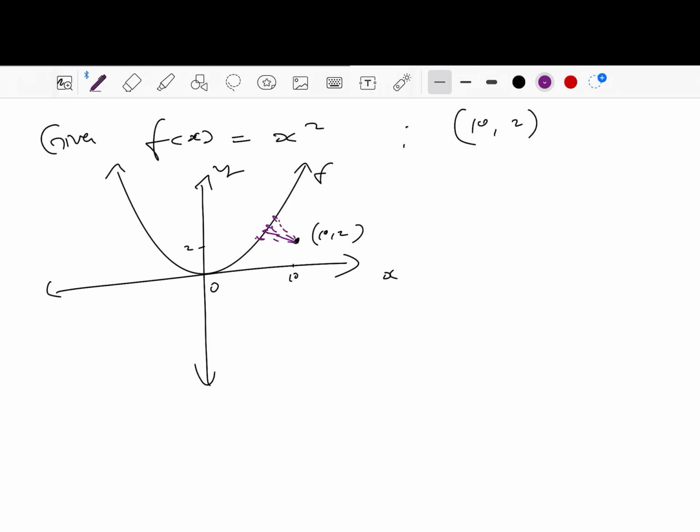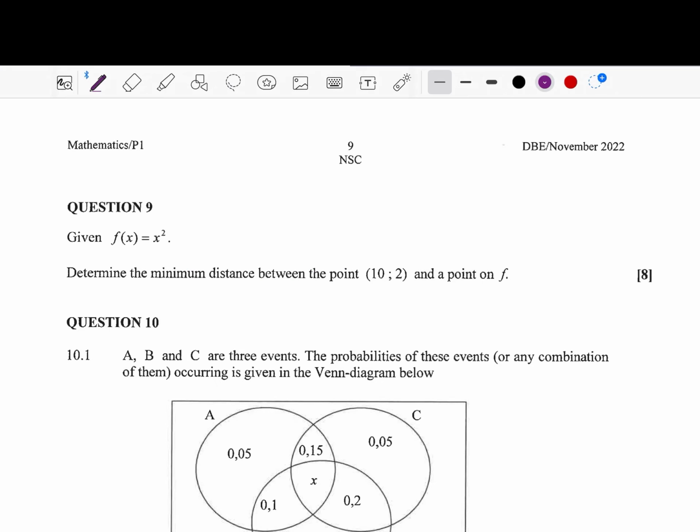So when they talk about minimum, just a side note on this. When they say minimum or maximum, just know that they are talking about the first derivative, and they want you to calculate the first derivative and equate it to 0.